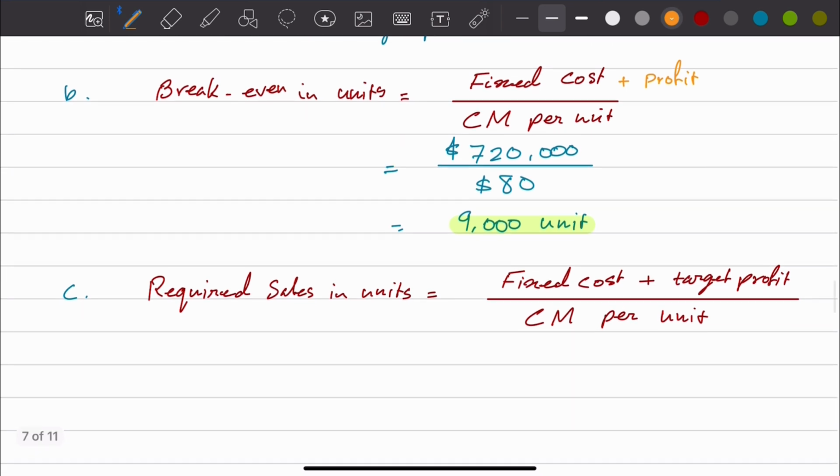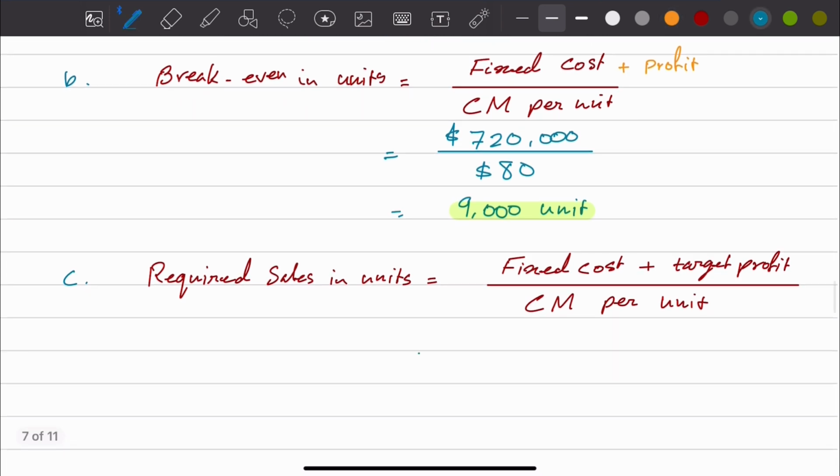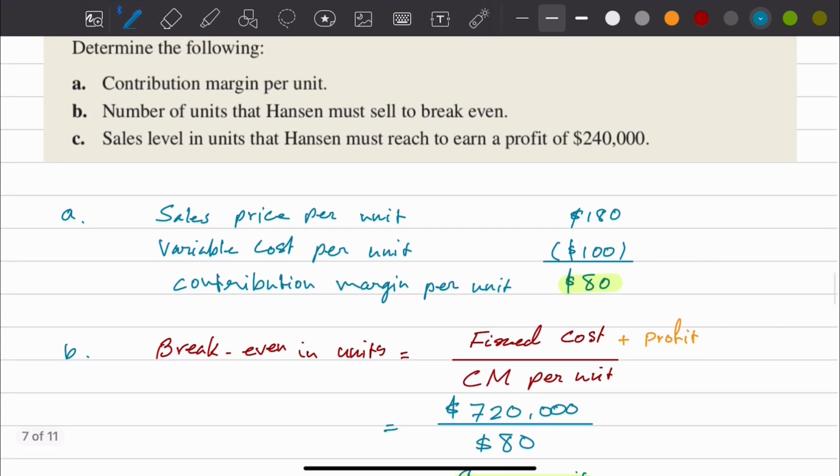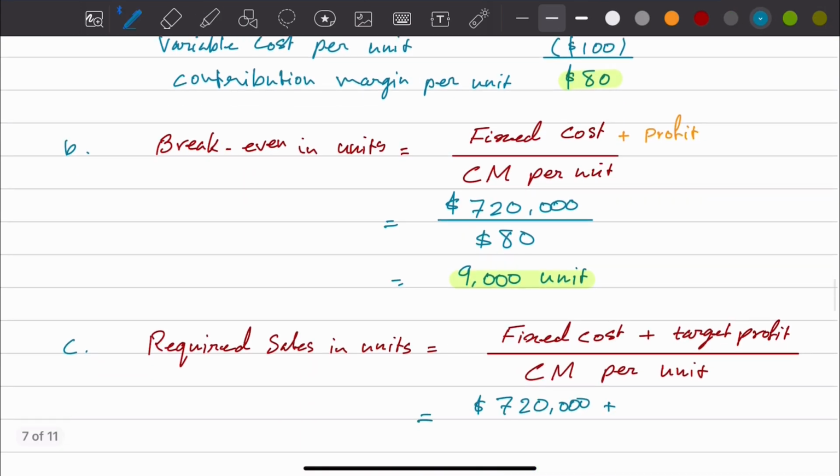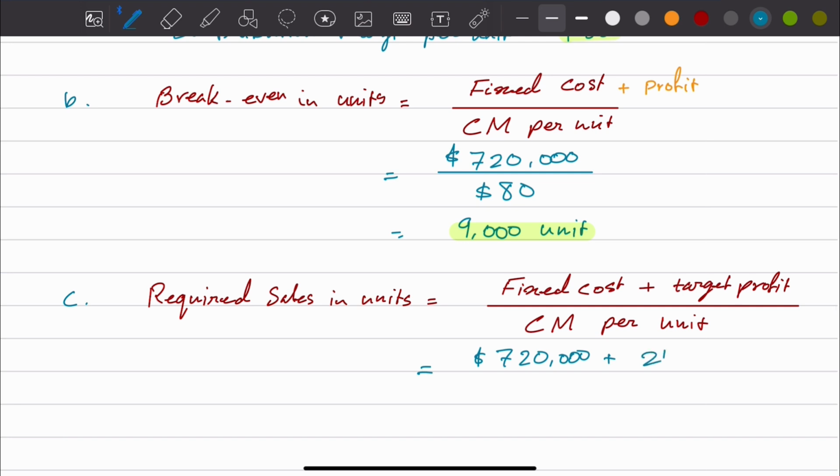All right, so now let's substitute the fixed cost, again $720,000, plus the target profit, which is $240,000. And the contribution margin per unit is still the same, which is $80.